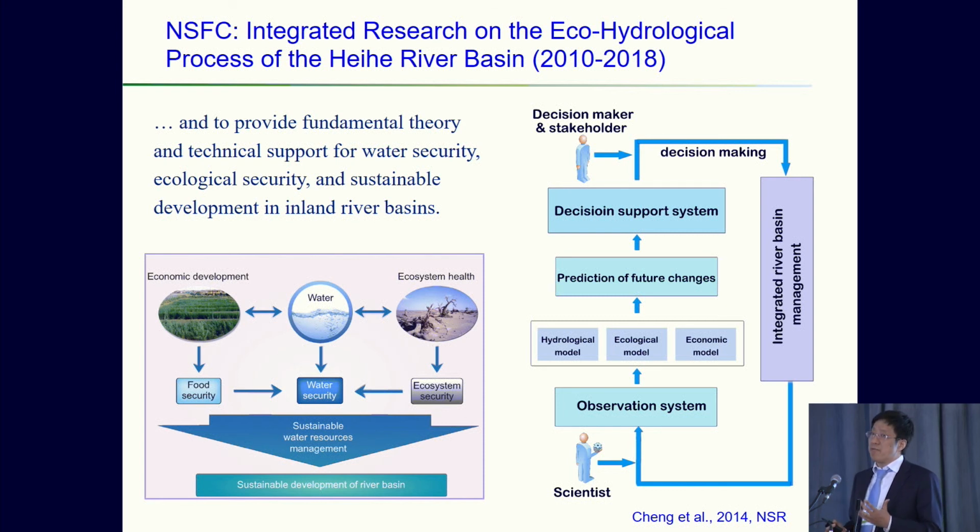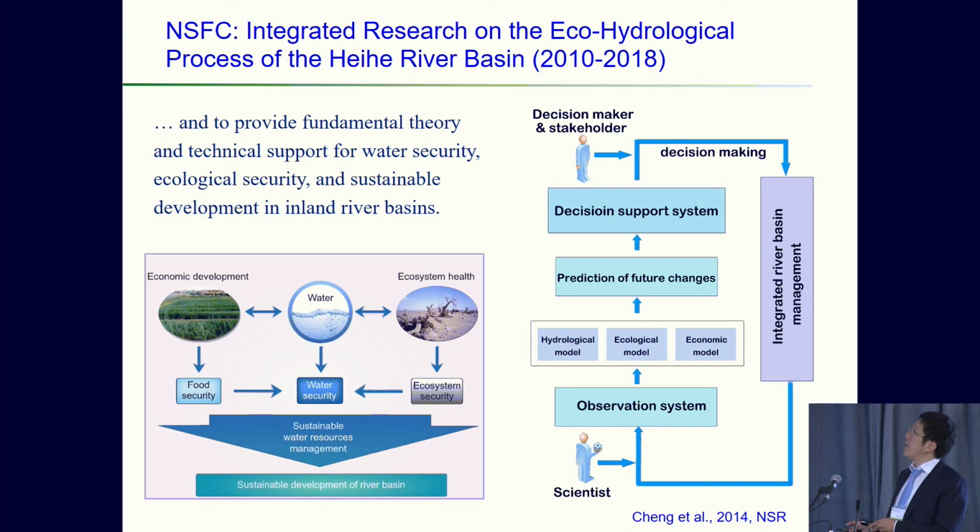Based on many of the fundamental research in this river basin, just 10 years ago, the National Science Foundation of China kicked off a so-called integrated research on the eco-hydrological process in this river basin. One of the aims is to provide fundamental theory and technical support for water security, ecological security, and sustainable development in inland river basins.